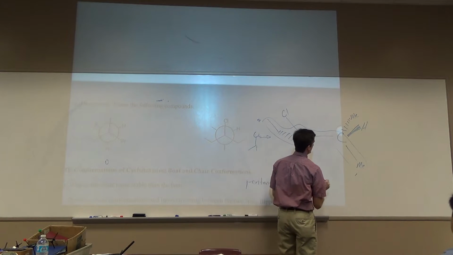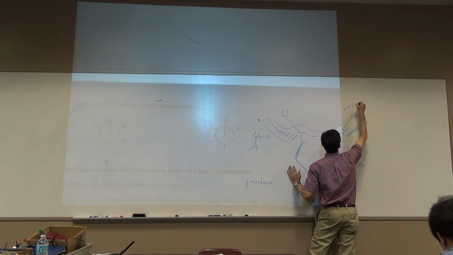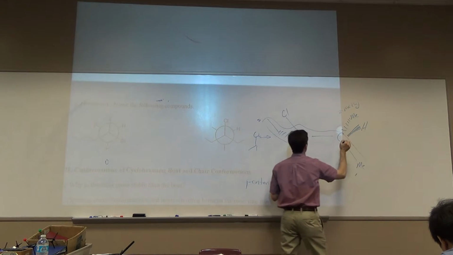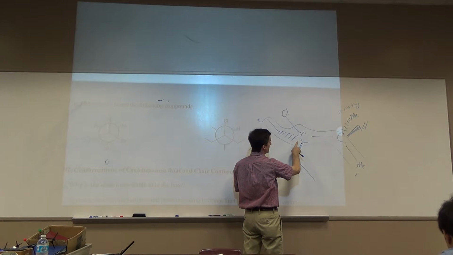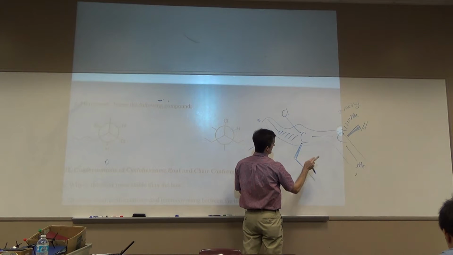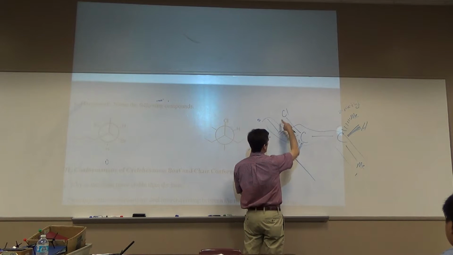What's on the pentane? At the 2, there's a methyl. At the 3, there's an ethyl and a chloro.